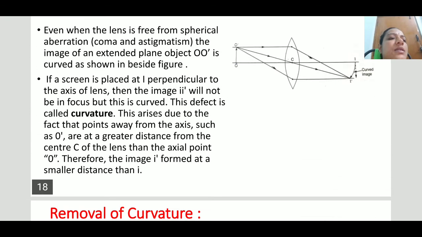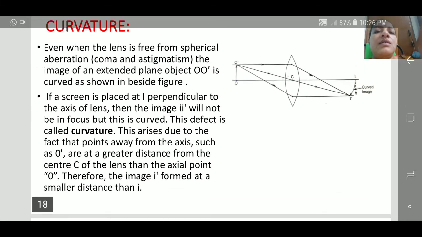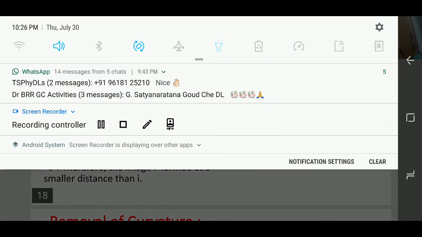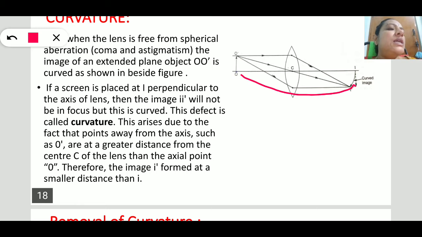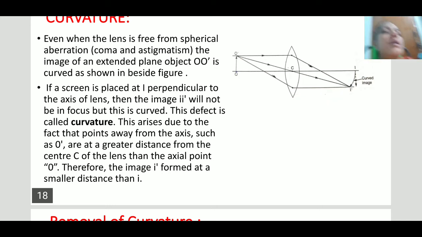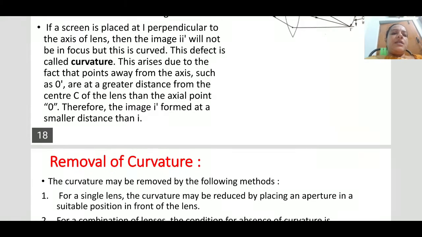This I is the image of point O, and I dash is the image of O dash. We are getting a curved shape of the object image.